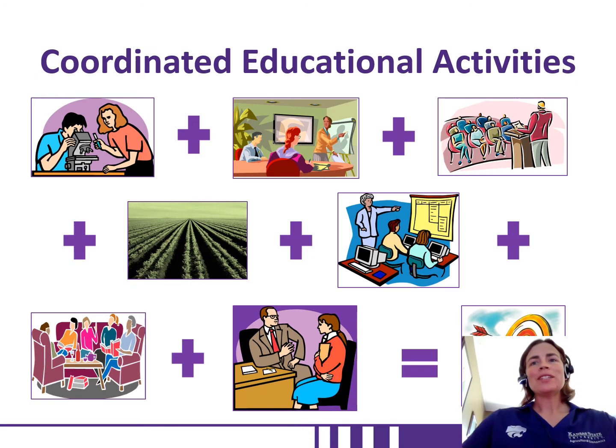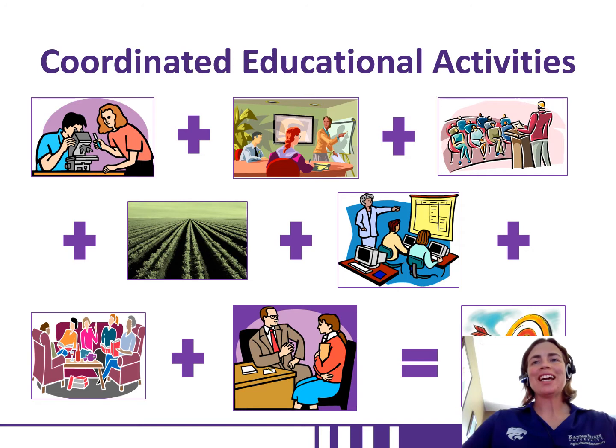Now, I want to emphasize that it could involve a lot of different pieces when you're looking at outputs. So there are different learning styles in which people receive information, and different audiences can be reached in different ways. So really spend some time in planning your educational effort and the different pieces that are going into achieving your outcome.